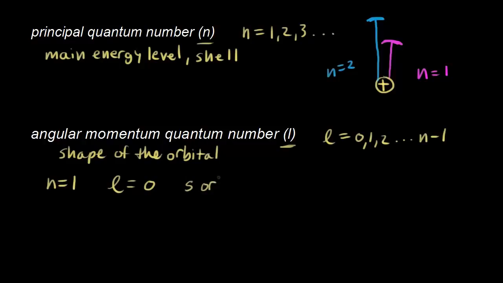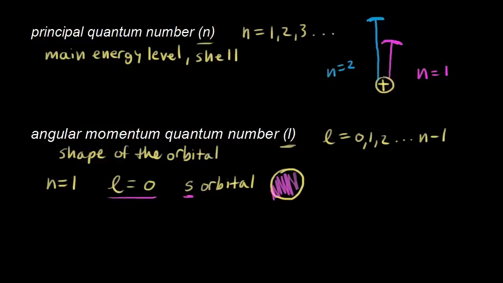The shape of an s orbital is a sphere, as we've already talked about with the hydrogen atom. Just imagine a three-dimensional volume here. Since l is equal to 0, that corresponds to an s orbital, which is shaped like a sphere. So the electron is most likely to be found somewhere in that sphere.